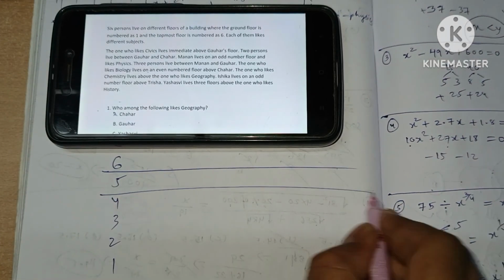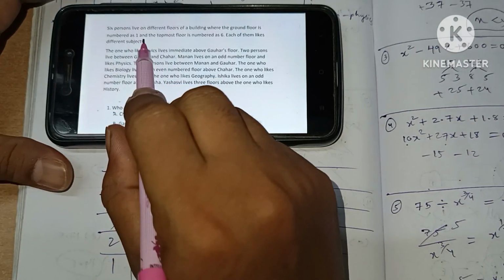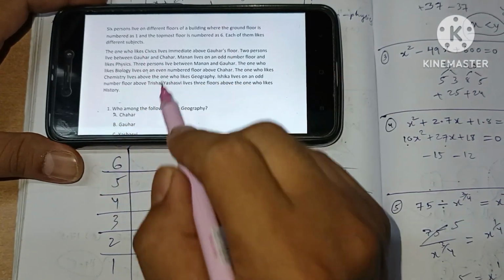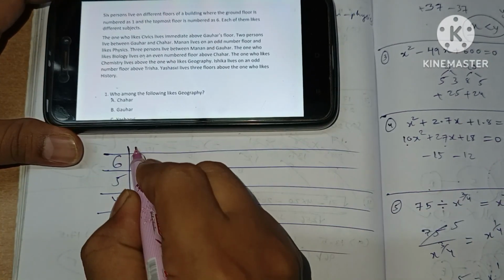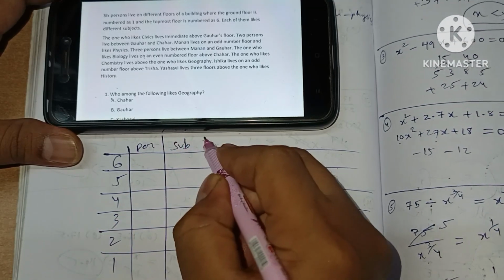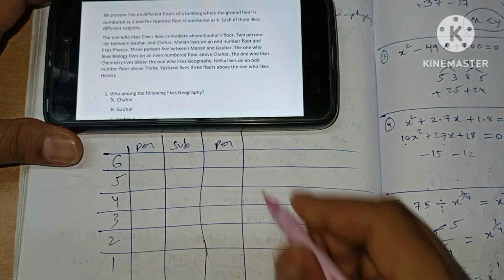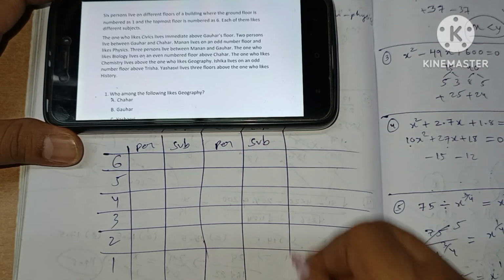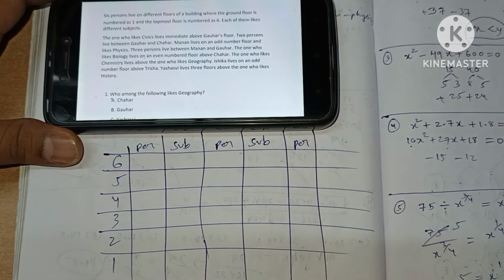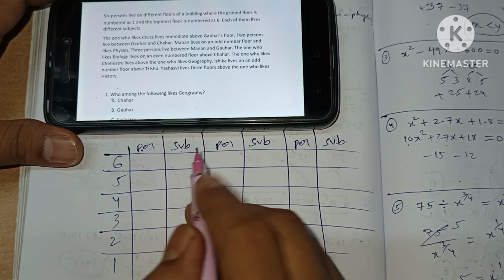And it is said that each of them likes different subjects. Persons and subjects. We'll take three possibilities in case there are two variables.